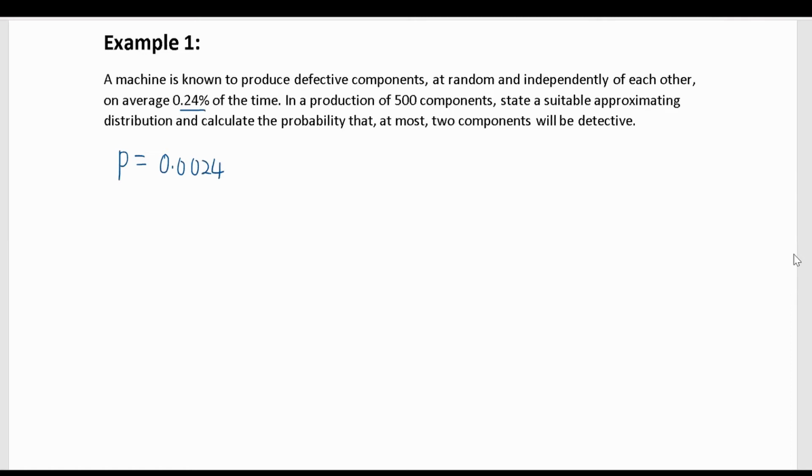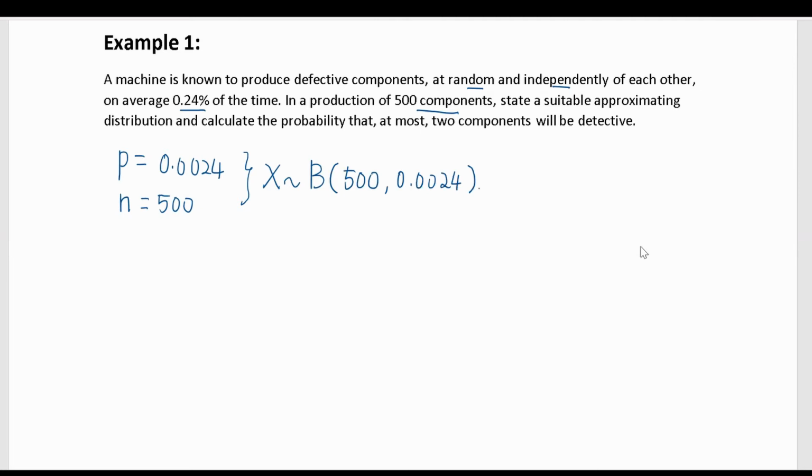In the production of 500 components, all random and independent, you are given n as well, 500. So we are able to identify a binomial distribution, where X is the number of defective components, with n equals 500 and probability 0.0024.